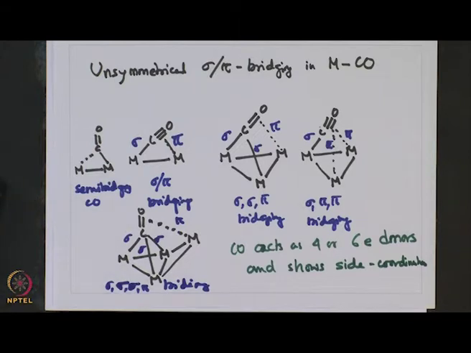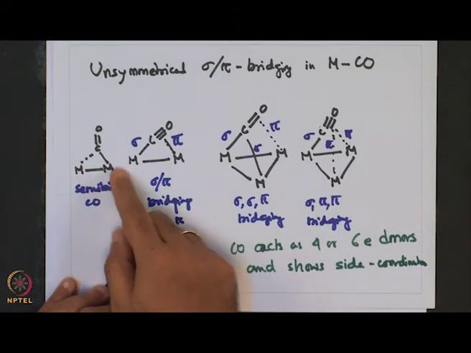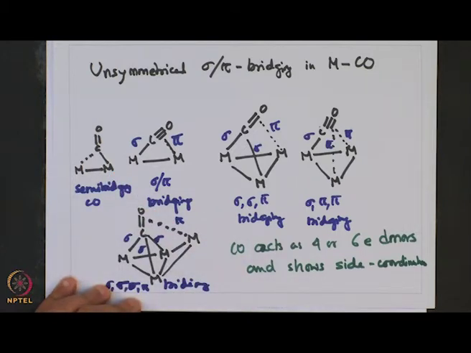Now, in order to understand how this carbon monoxide unit interacts with the metal frontier orbital, one needs to look at what is the bonding scenario of CO or carbon monoxide.